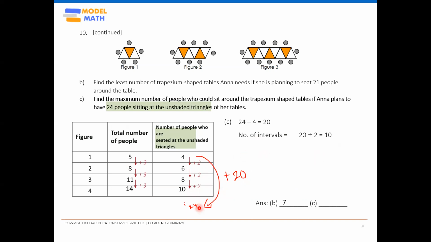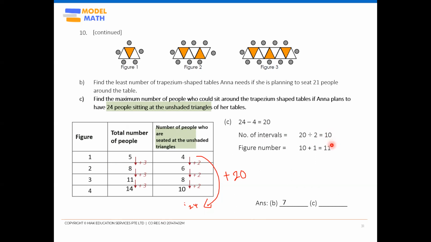All right. Now, with this number of intervals, again, I would like to find the figure number that I would arrive at. So starting from figure 1, you are moving down 10 intervals, which means you arrive at figure 11, 10 plus 1. Like I said just now, the figure number that you arrive at is, if you notice the pattern, 1 more than the number of intervals.